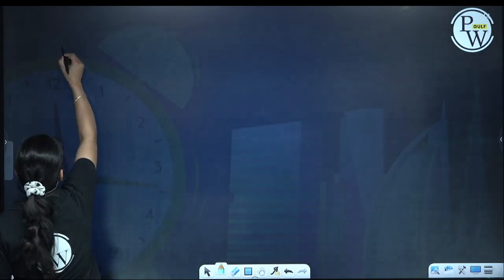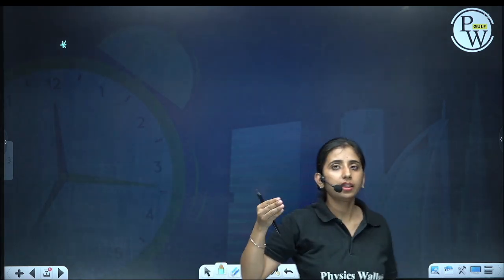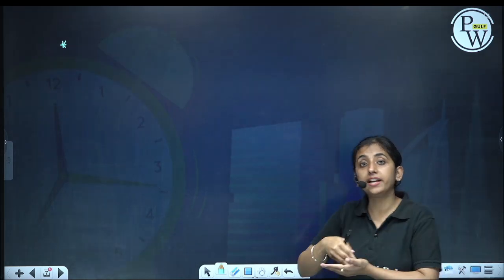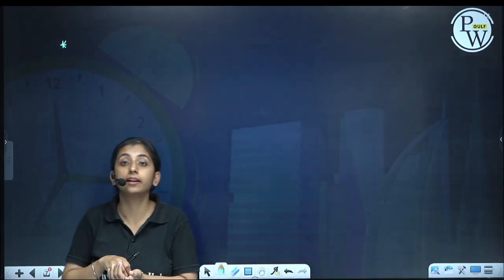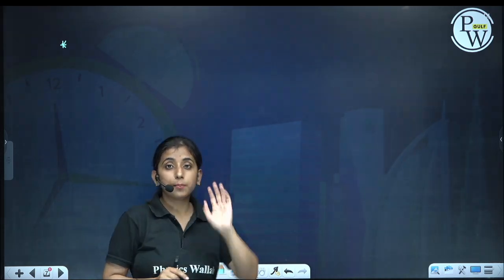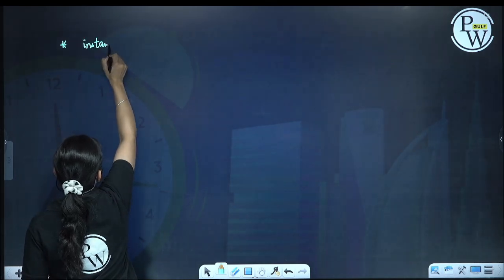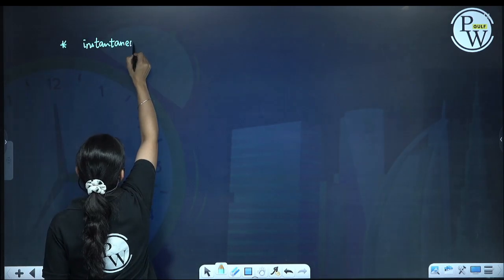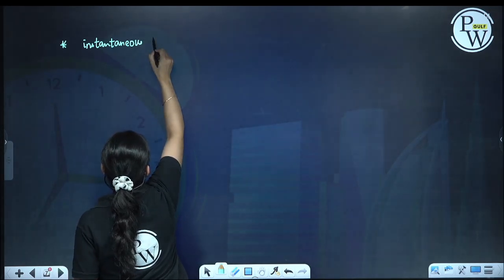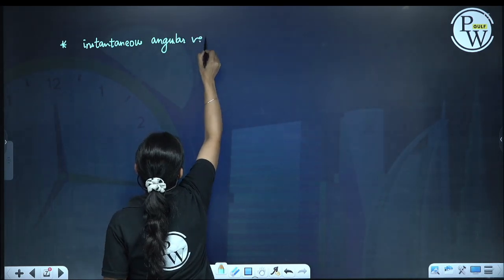And if we want to find the instantaneous value, now theta is a function of time, so it is changing at every position. If we want to find it at a particular instant, then the time interval has to be so small that it becomes a particular instant. So we have instantaneous angular velocity.